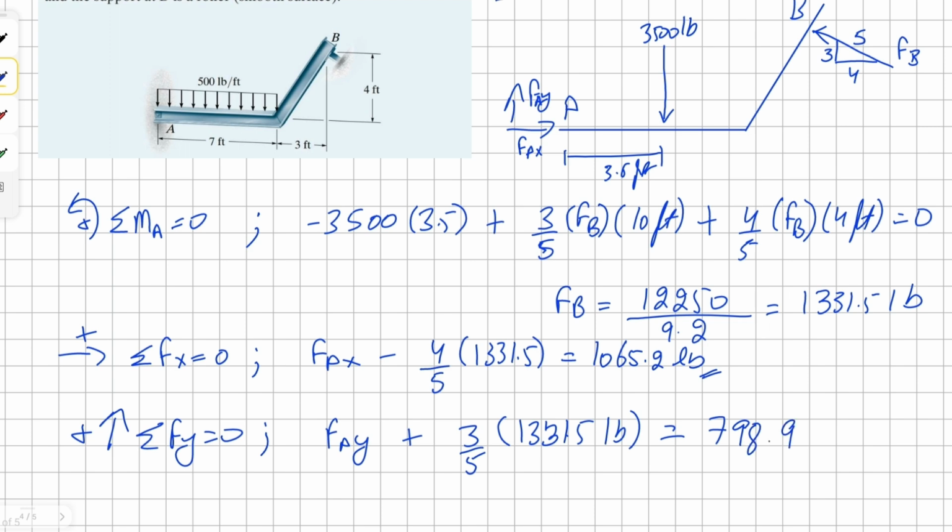I don't know if you have noticed, but I did miss one force here. That is our point load, 3,500. This is going downwards, so we need to add our force here, 3,500 pounds. So when we do that, we get a new value here, 2,701.1 pounds as our answer.